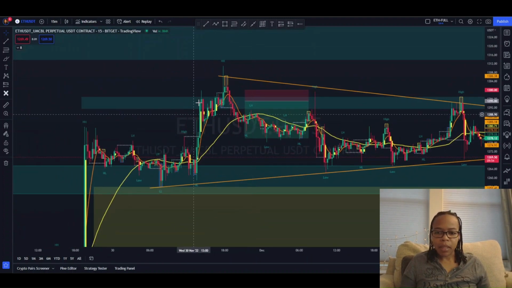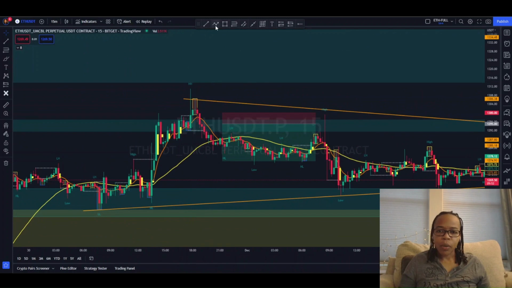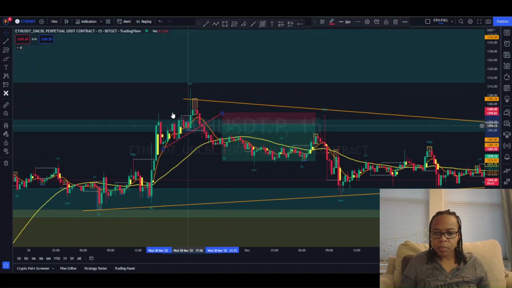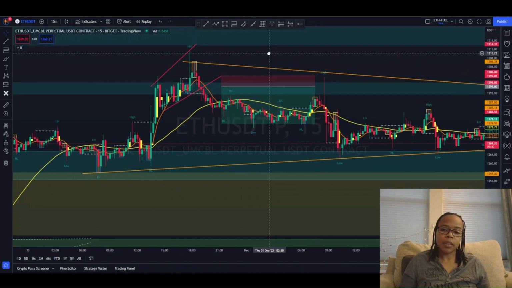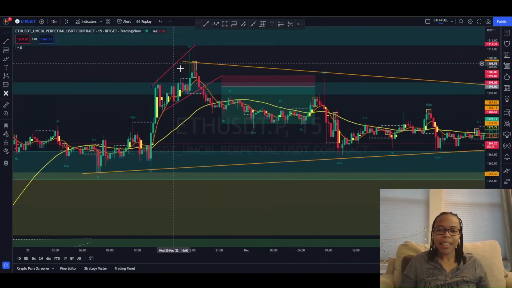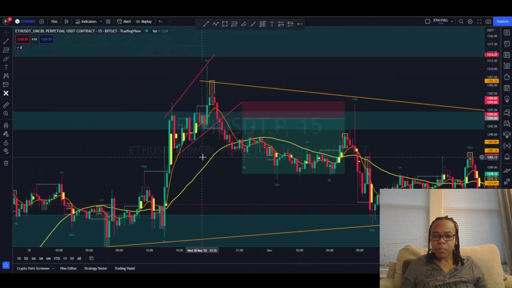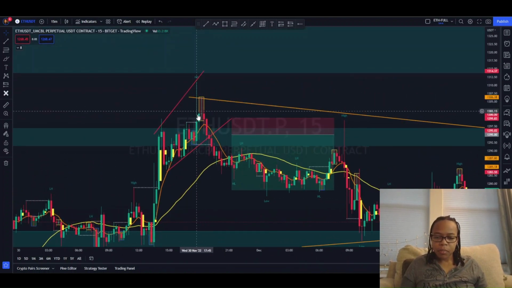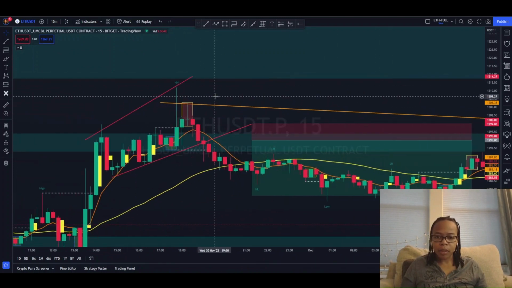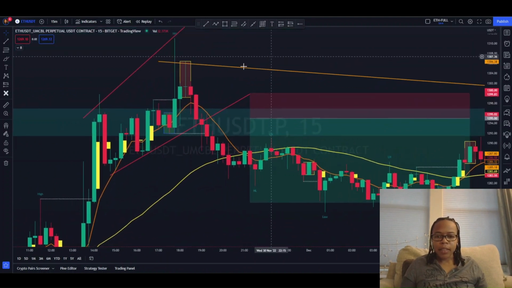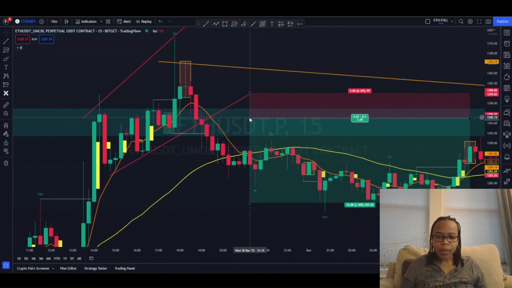On the 15 minute, I saw this broadening wedge, and these are generally bearish, at least according to the chart patterns that I ascribe to. While I was looking in here, I saw this beautiful evening star form. So I was like, all right, if the next candle after that is a nice strong red candle, I'll make an entry.